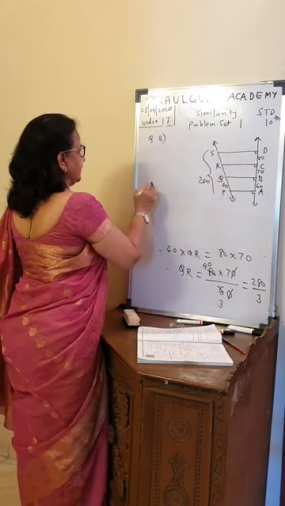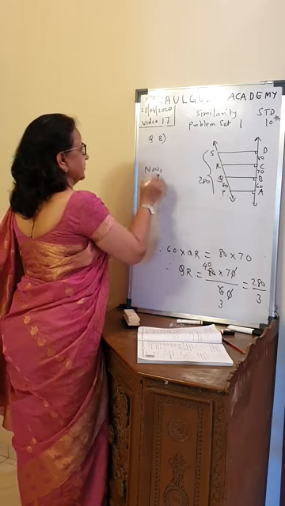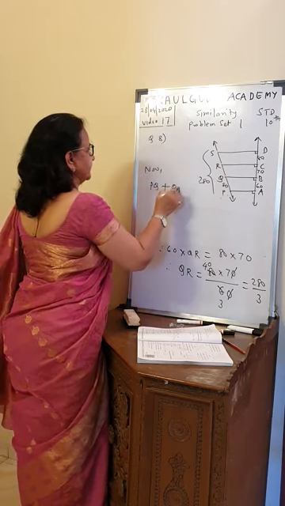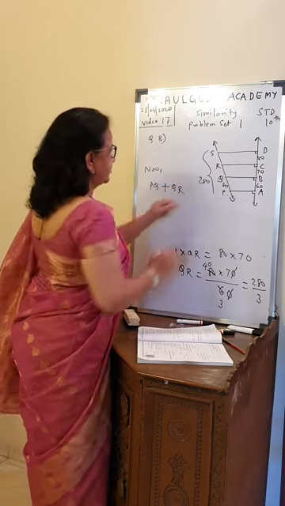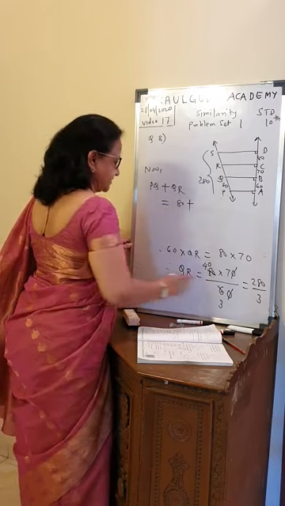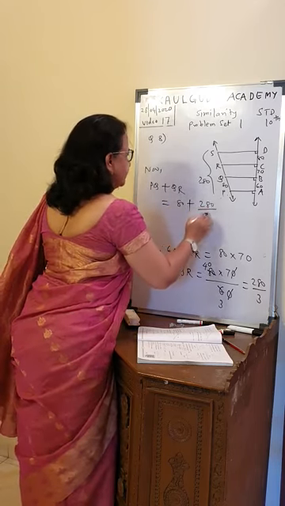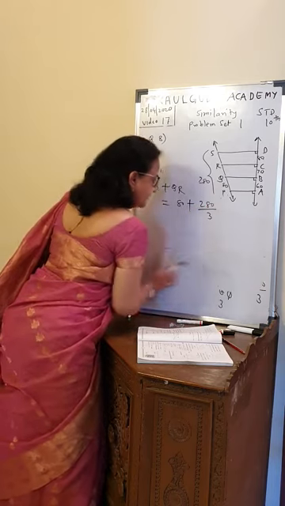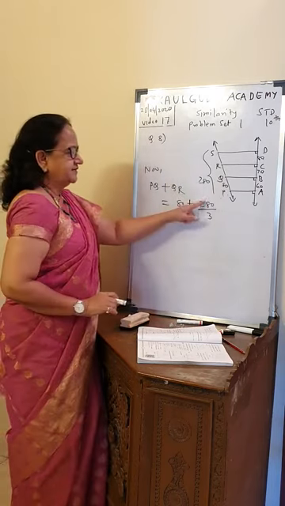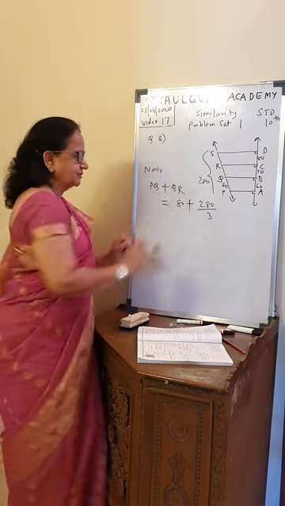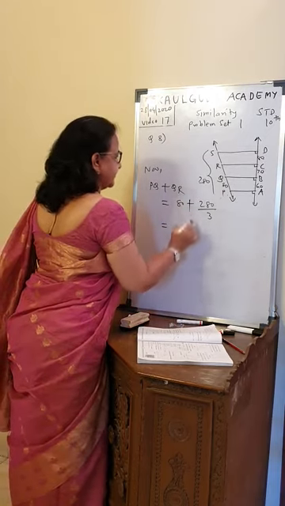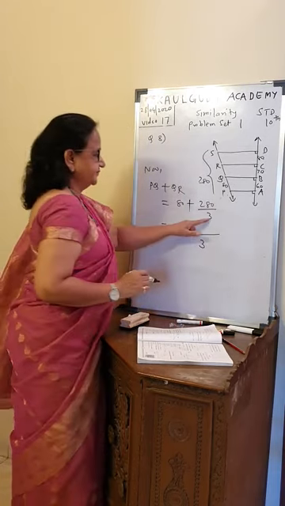So let us add PQ and QR now. PQ plus QR is how much? PQ was 80 plus QR was 280 divided by 3. It doesn't give a perfect division, so I am not dividing it. Now it is addition, so 3 is the LCM.